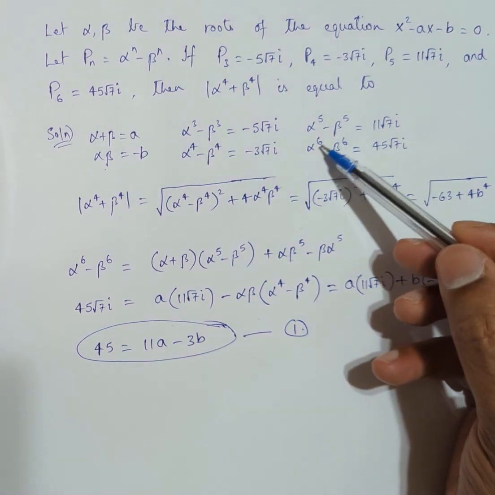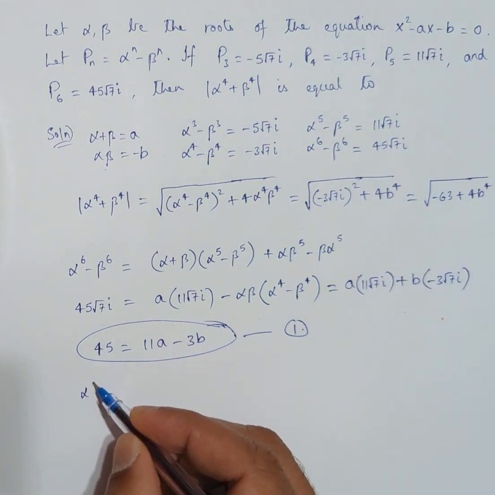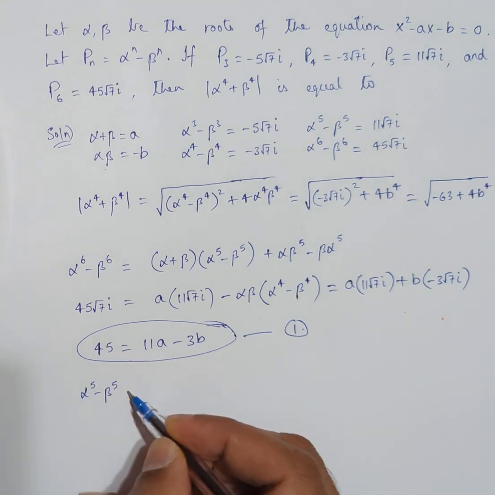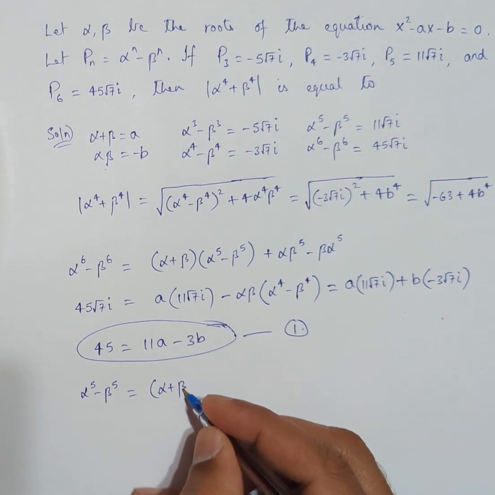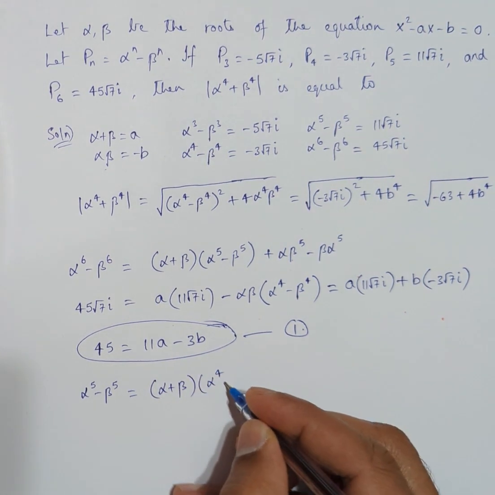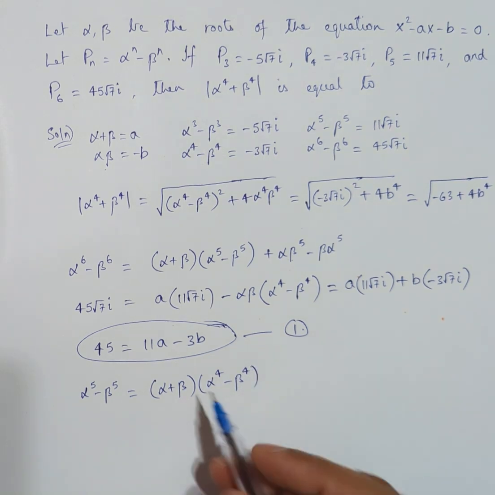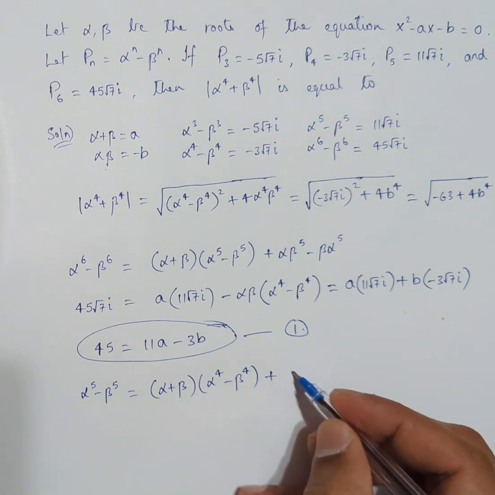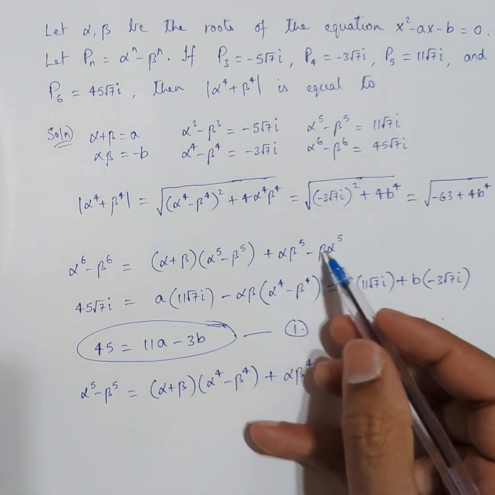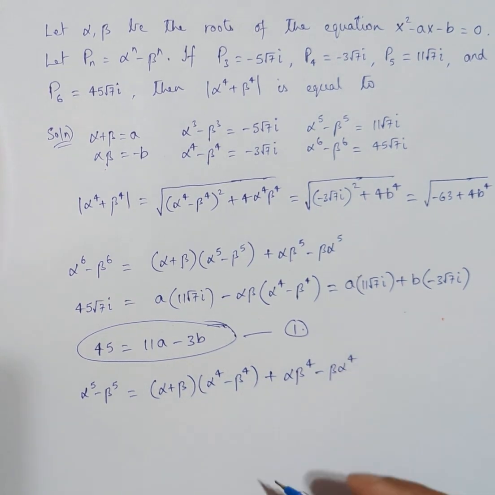So I wrote this in terms of that. Now let's go ahead and write alpha to the 5 minus beta to the 5 in terms of the lower powers. So you want to multiply alpha plus beta with alpha to the 4 minus beta to the 4, and then you have additional terms minus alpha beta to the 4, so you would write plus alpha beta to the 4 just like we did here, and then you subtract minus beta alpha to the 4.